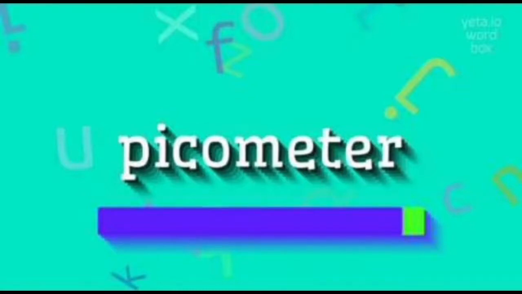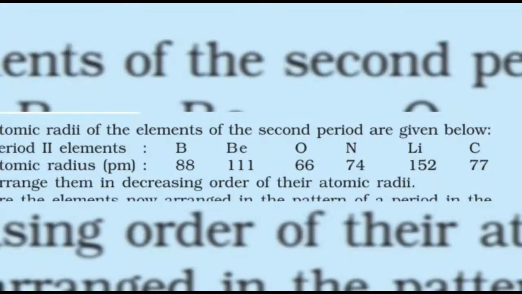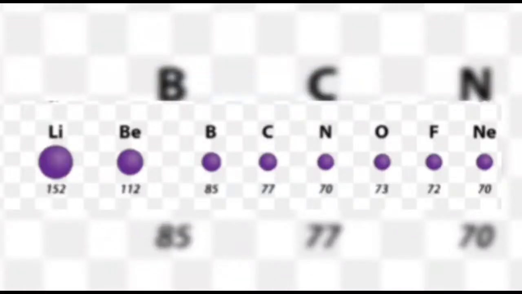Atomic radii of the elements of the second period are given below. Period 2 elements: boron, beryllium, oxygen, nitrogen, lithium, carbon. Atomic radius in pm: 88, 111, 66, 74, 152, 77. Arrange them in decreasing order of their atomic radii, and the elements are now arranged in the pattern of a period in the periodic table.